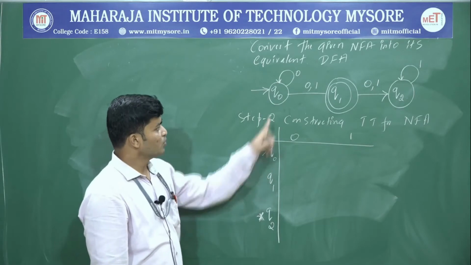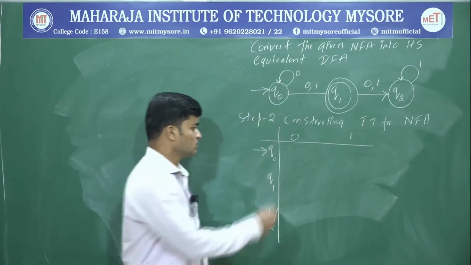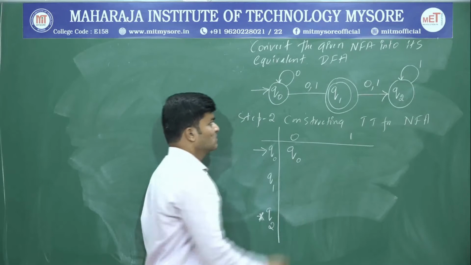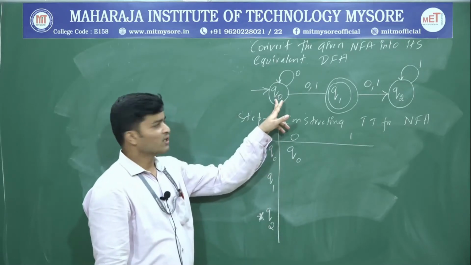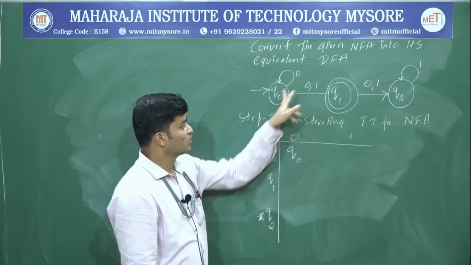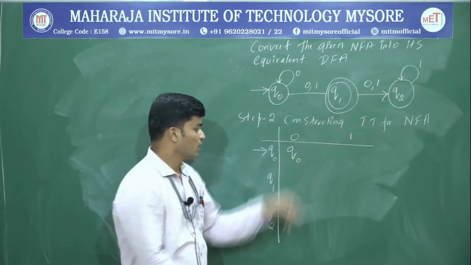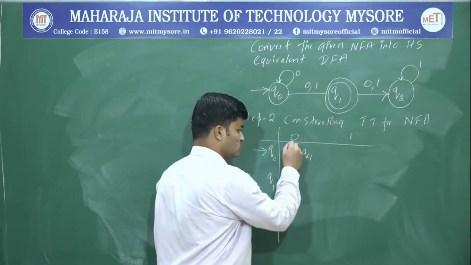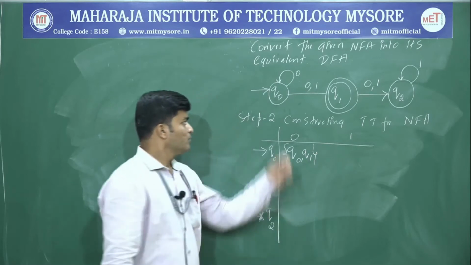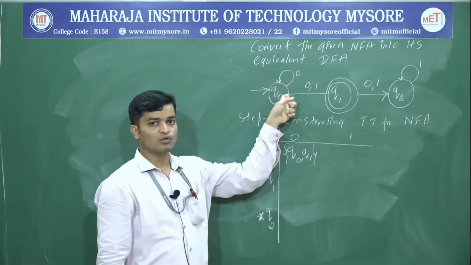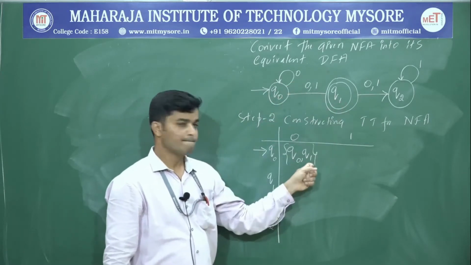What is Q0 upon 0? Q0 upon 0 is again Q0, and if you observe one more transition, Q0 upon 0 is also Q1. So write a comma and write Q1, using a bracket. So Q0 upon 0 is Q0 as well as Q1.